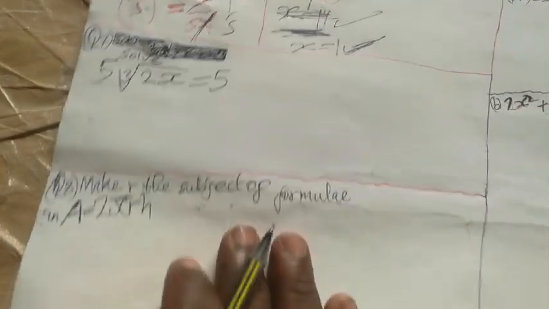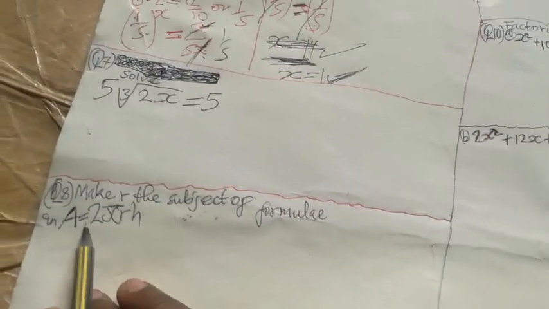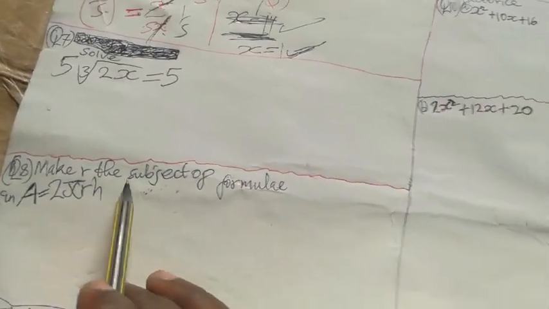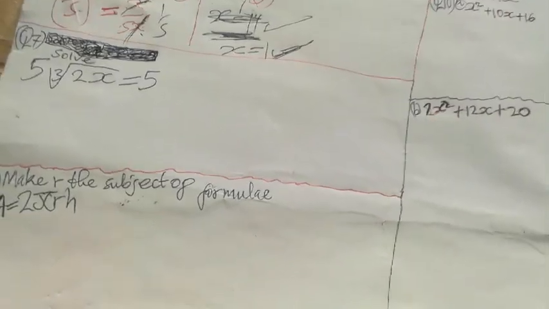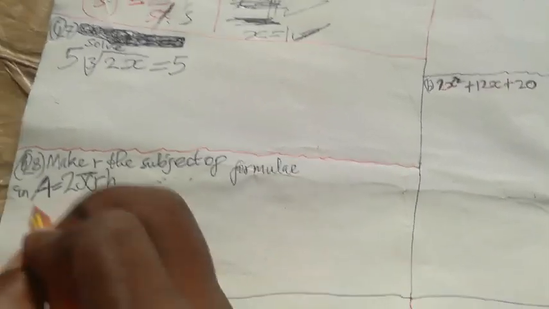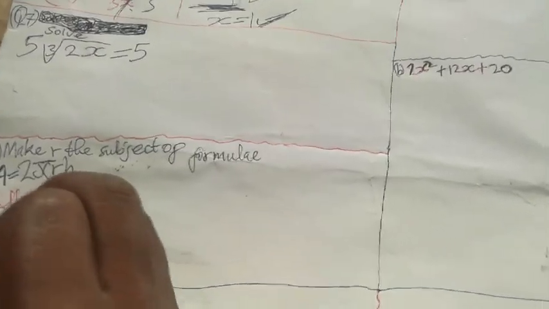So we go to question number 8. Question number 8 states that we make r the subject of the formula. Here we say solution.